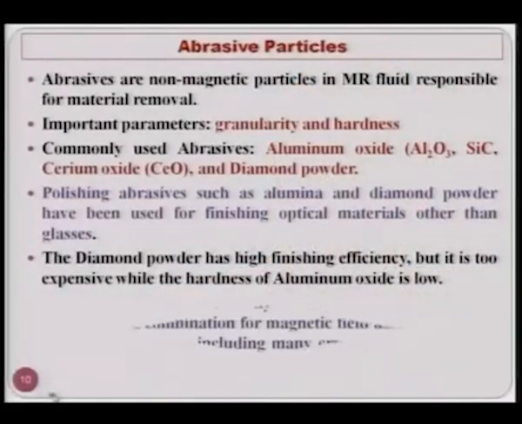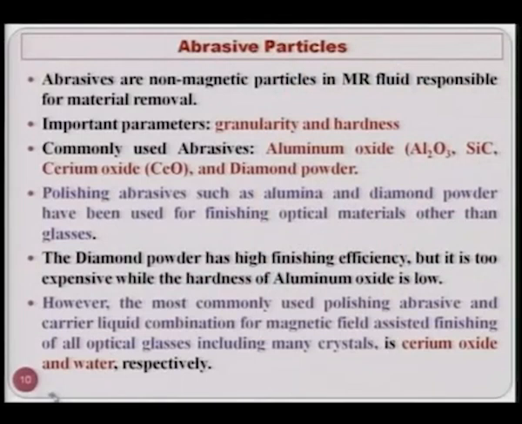If you can work with comparatively less expensive abrasive powder for finishing your particular product, then you should not go for expensive abrasive powder like diamond or boron carbide. However, the most commonly used polishing abrasive and carrier liquid combination for magnetic field assisted finishing of all optical glasses, including many crystals, is cerium oxide, CeO2, and water respectively.